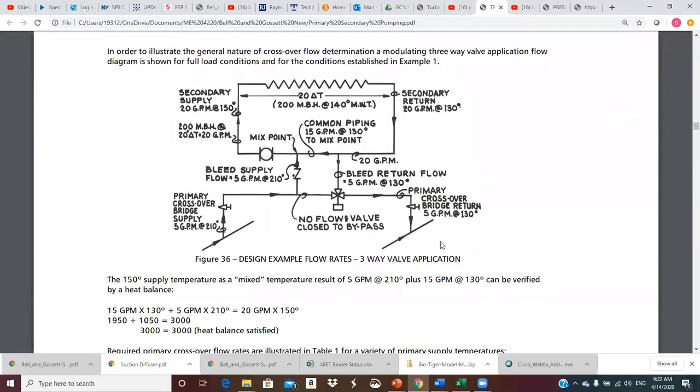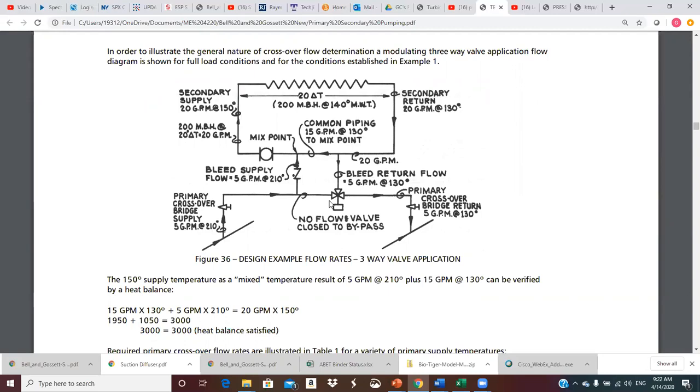In order to illustrate the general nature of crossover flow determination, a modulating three-way valve application flow diagram is shown for full load conditions and for the established conditions in the example above. So, you know, the numbers work out exactly the same. The control system is a little bit different.